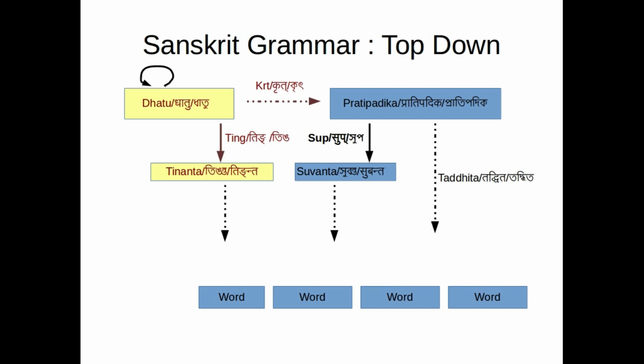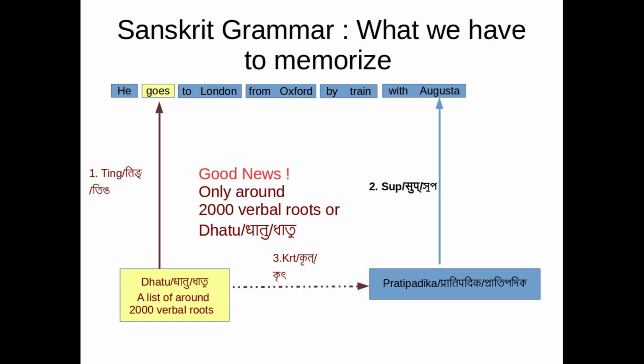Or they can directly come from a standalone pratipadika by means of a sup pratyaya or taddhita pratyaya. These terms will be cleared gradually as we go deeper. First, let us concentrate on the verb part.